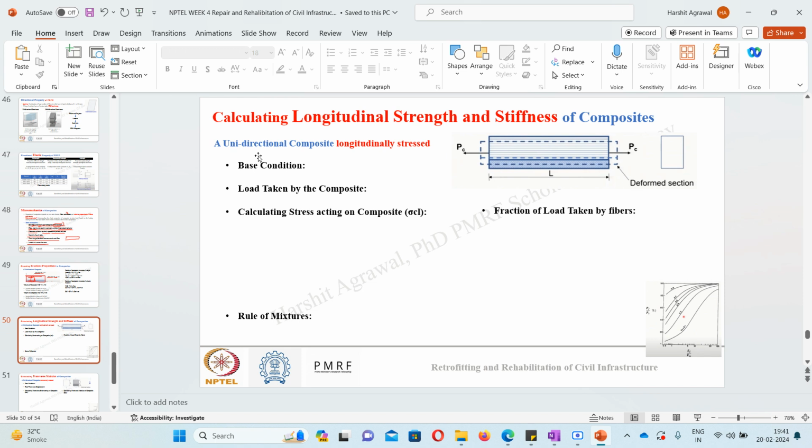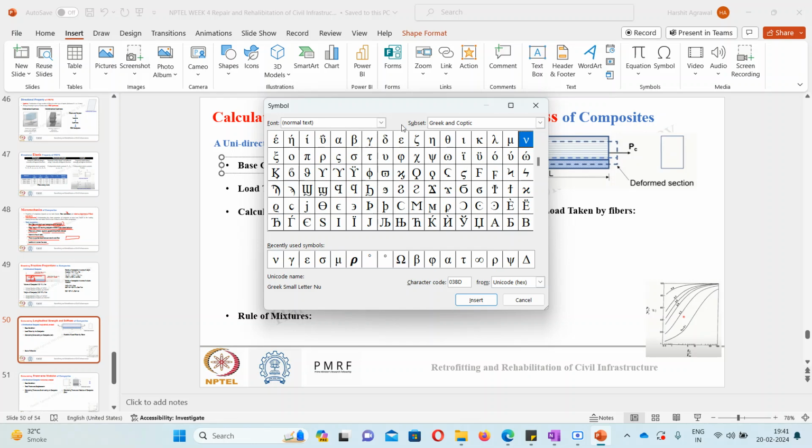Suppose I have a unidirectional composite which is stressed along the longitudinal direction. What will be my base condition here? Since the fibers and matrix are homogeneously mixed and acting together as a single unit, the amount of strain acting on the fiber and on the matrix will be the same. The total strain is denoted by the symbol epsilon.